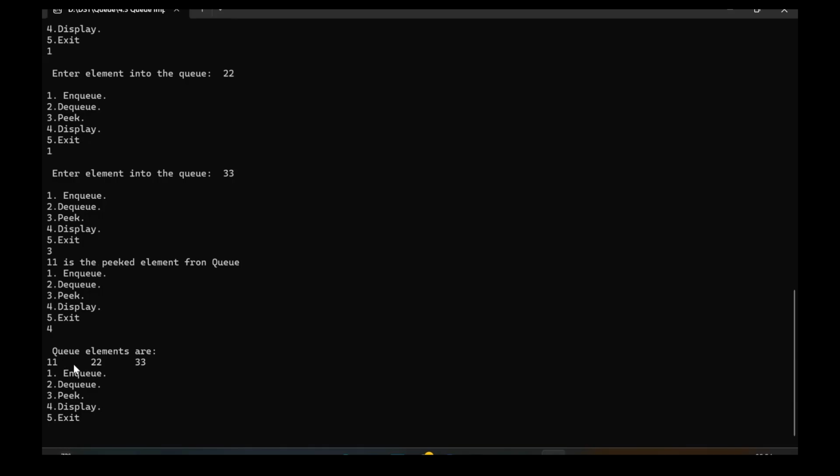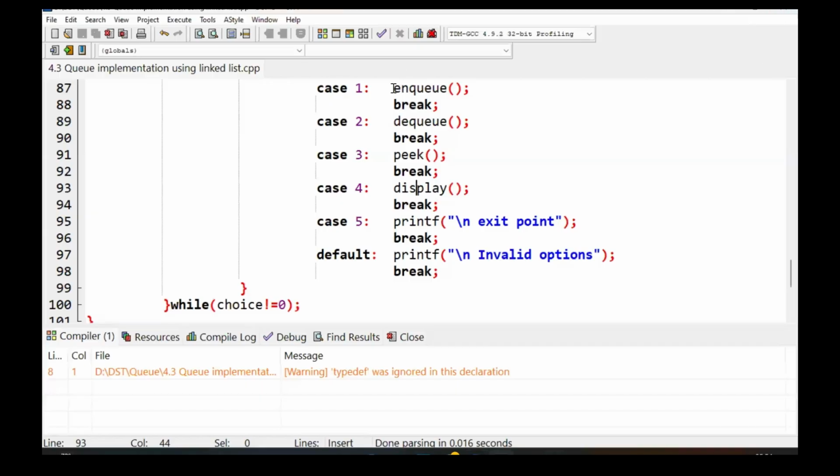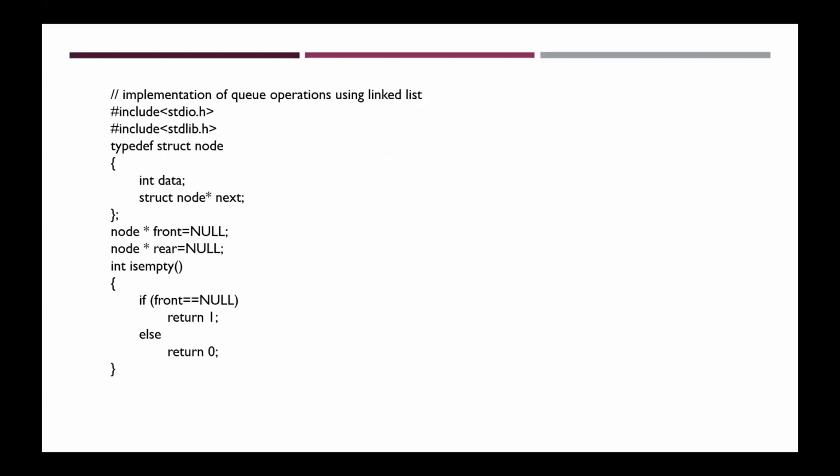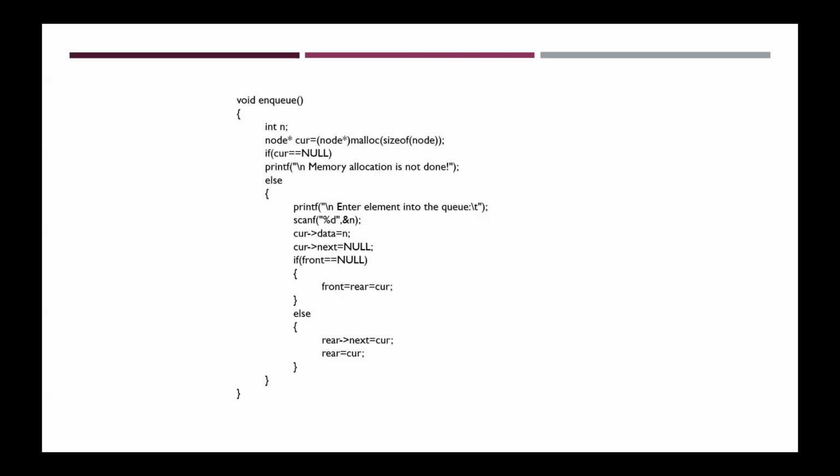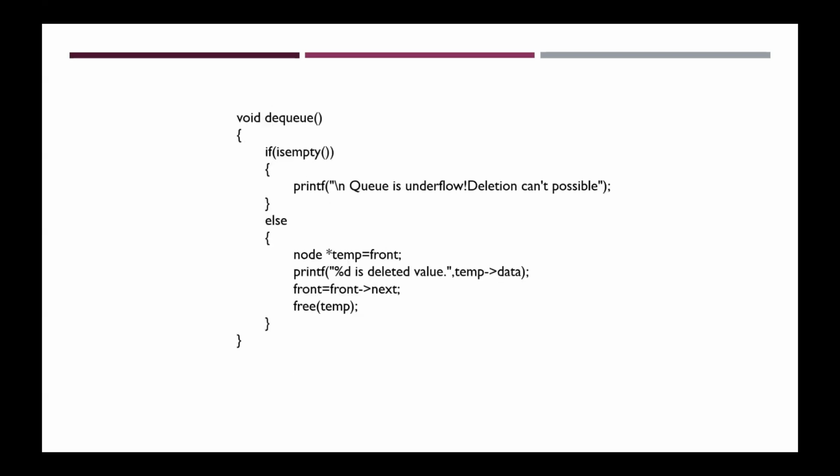Whenever it prints the value, if we want to clear the screen, then what do we have to do? Here you can write clear screen. So each and every operation will clear the screen and print the value. So this is our complete program. We have already done it and already got the correct answer.